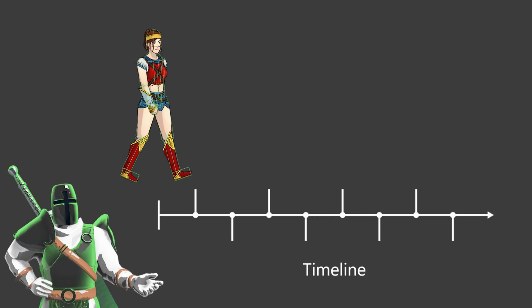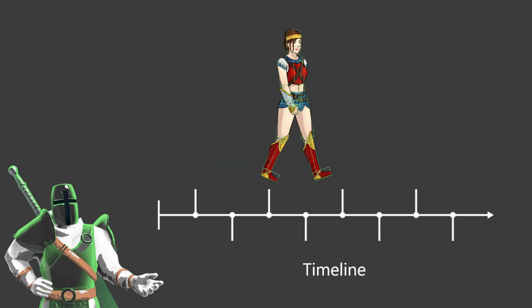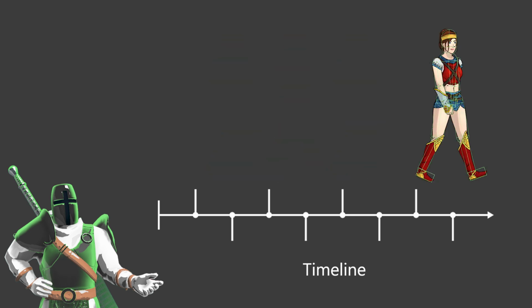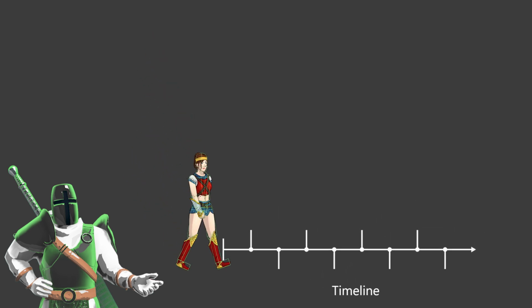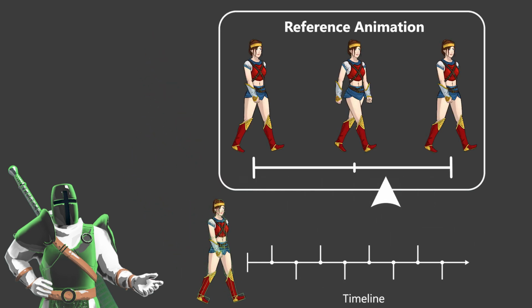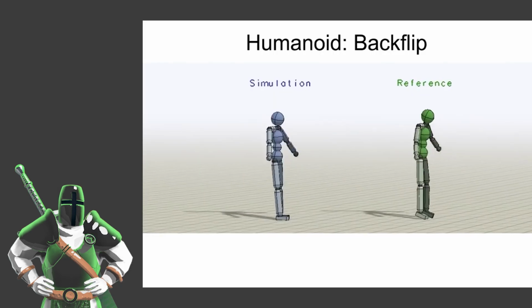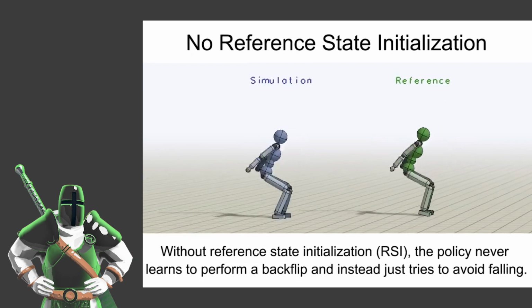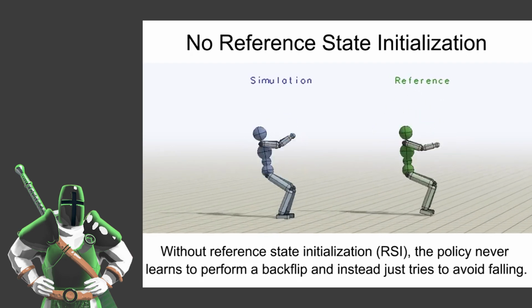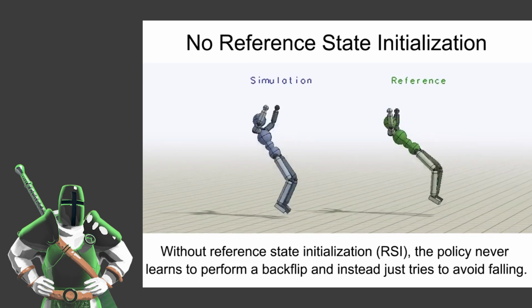Reference state initialization means at the beginning of each episode, an episode being a fixed time steps of simulation before we restart it, before our character starts to move, we start our reference animation at a random time within its time length. Then, we copy the initial pose to agent's joints along with target angular velocities. The idea behind this mechanism is that we want to tell the agent what target animation looks like directly, without the need for agent to discover it.